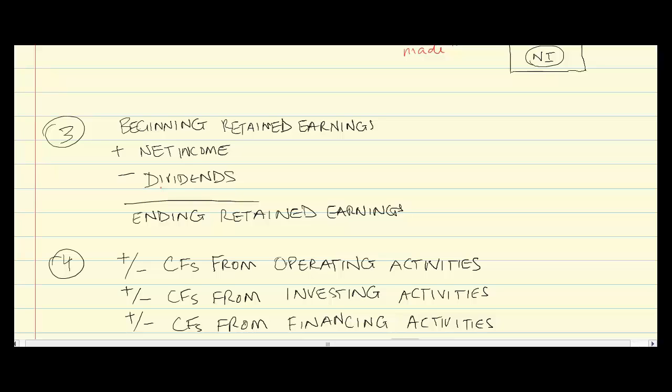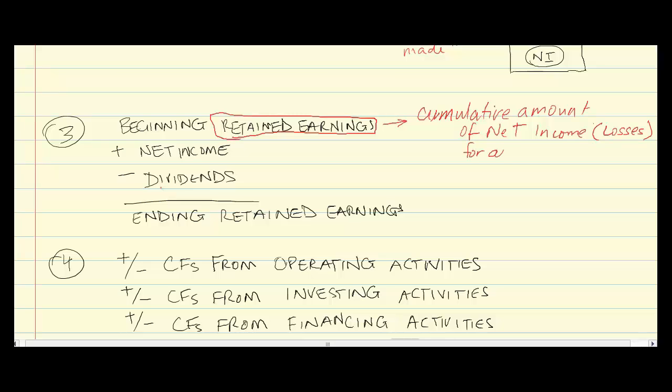Your statement of retained earnings, well, let's take a look at what retained earnings is first. Retained earnings is the cumulative amount of net incomes or losses, because we did mention that, for all years of operations, for all years till now.